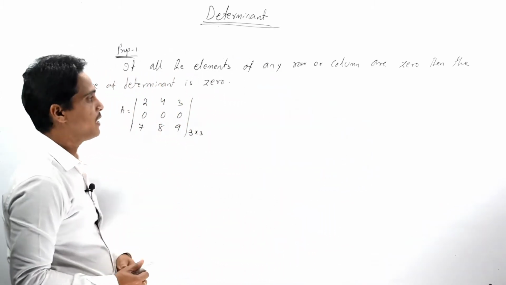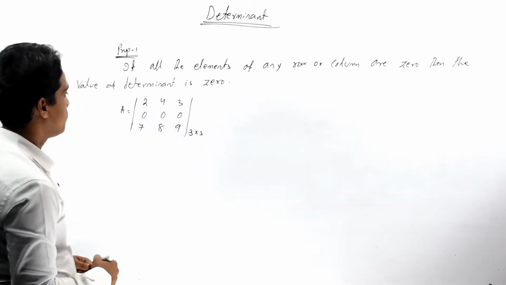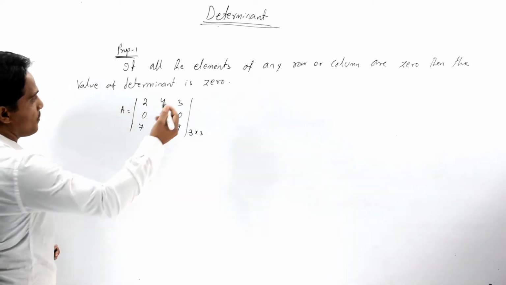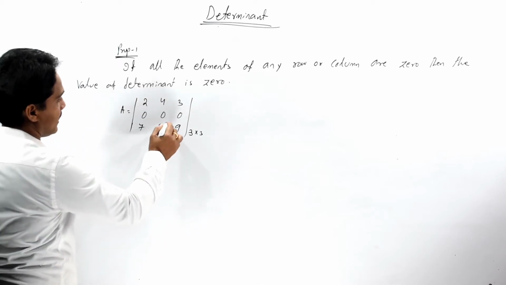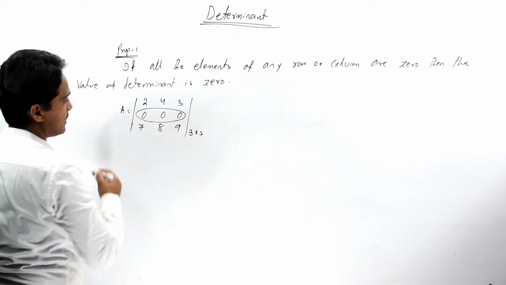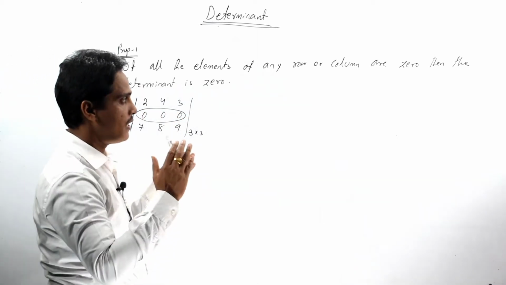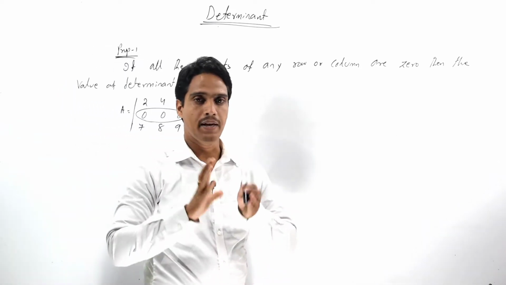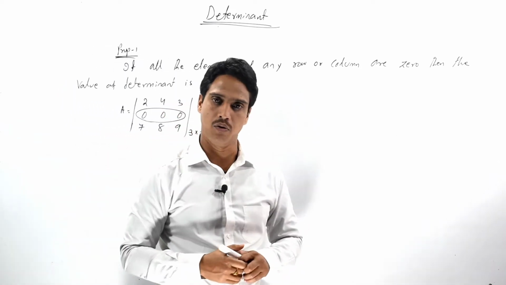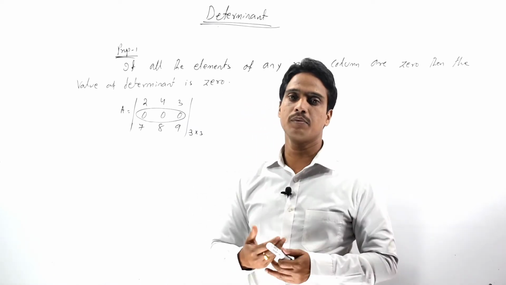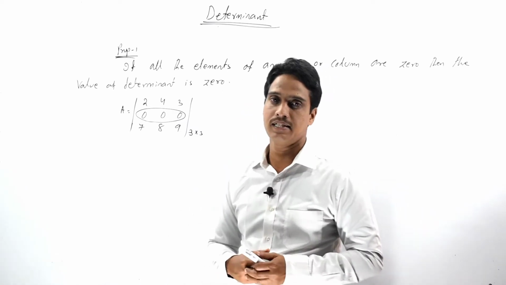But there is one property that indicates that if the elements of any row or column are 0, then the value of the determinant is 0.